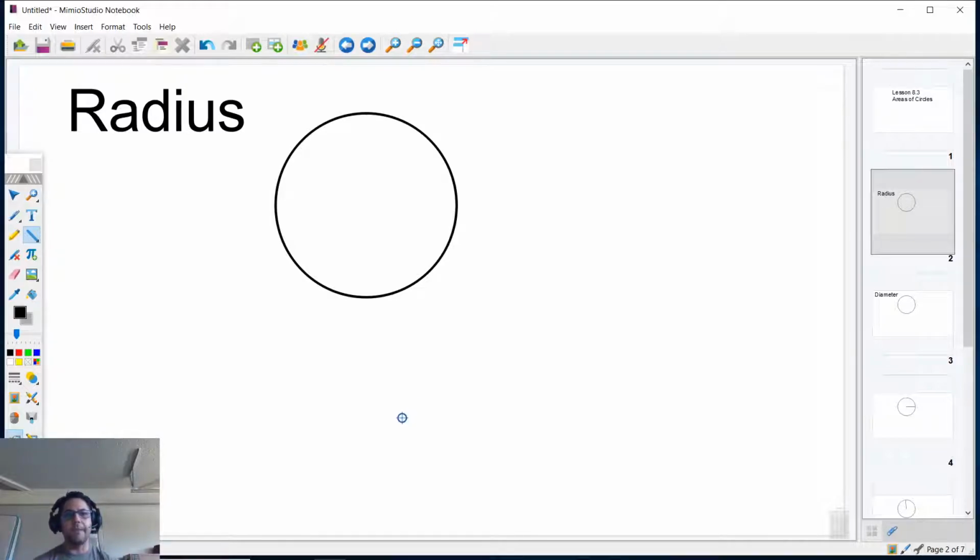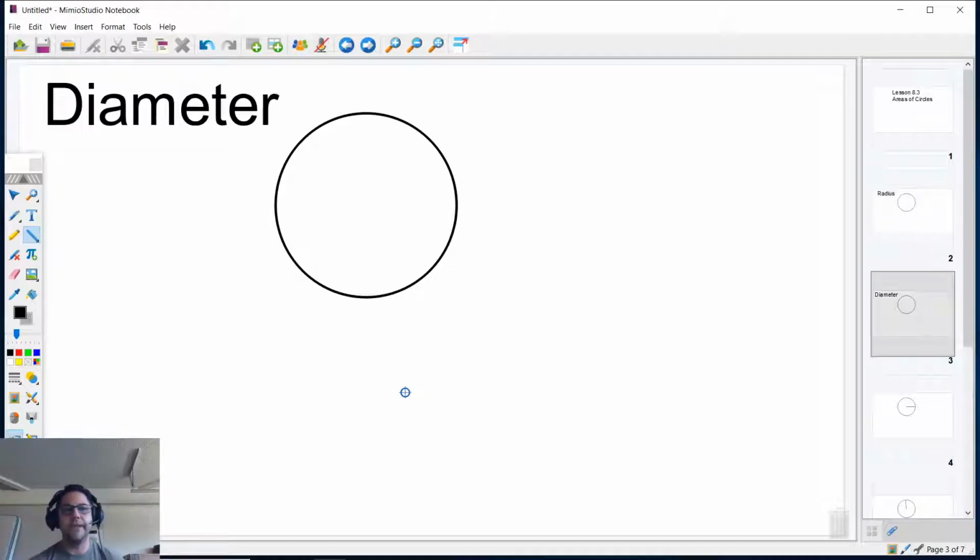First of all, quick reminder, some of you struggled with some basic vocab, the difference between the radius and diameter. If you remember, diameter is that full distance going across. So let's say, hypothetically, our diameter is 10. And that might be something like 10 meters.